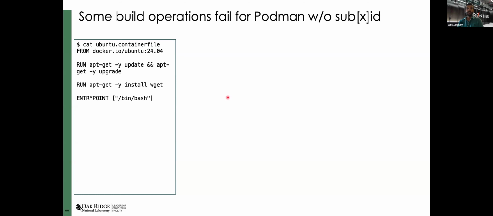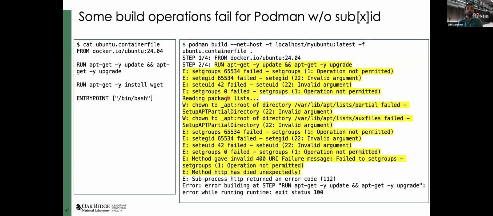If you try that with Podman without sub-UID and sub-GIDs set, you will run into errors, because apt-get is trying to change the group ID and the UID that it runs with, but fails because it does not have access to any other UIDs or GIDs except the one that your user came with.